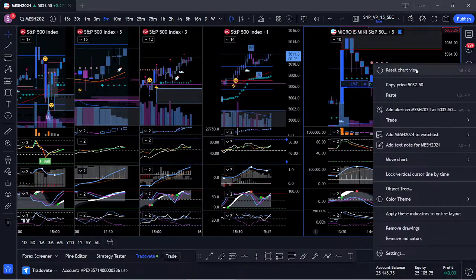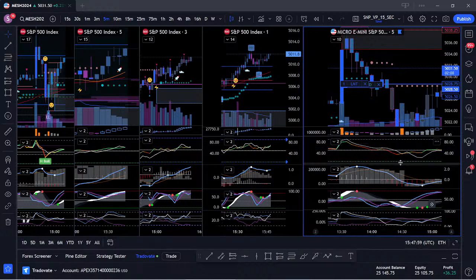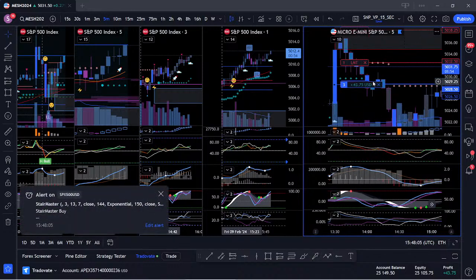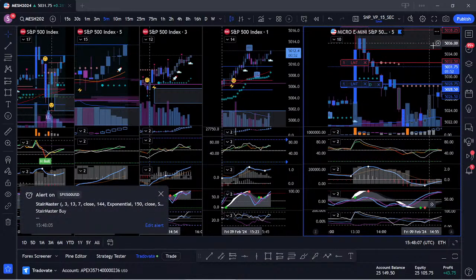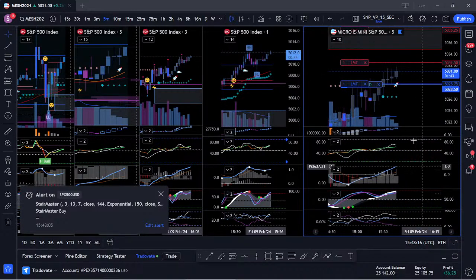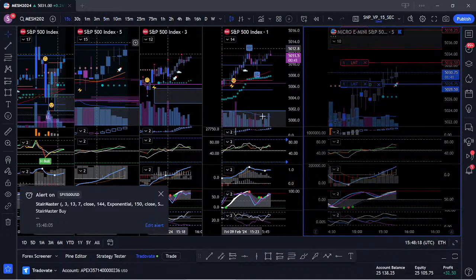We said we want to sell here. That's the lower high. Price could reject on the lower high and go all the way down. So we're gonna sell everything on that point. And I mean not everything, we keep only one. And then we move our stop. Okay? So let's wait for it.